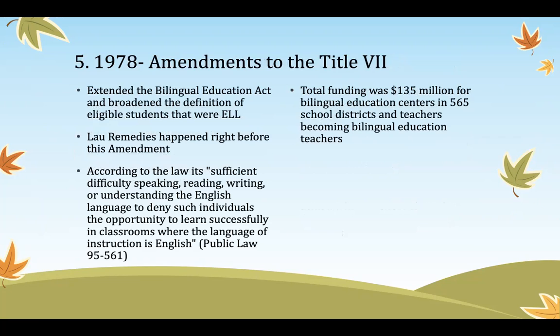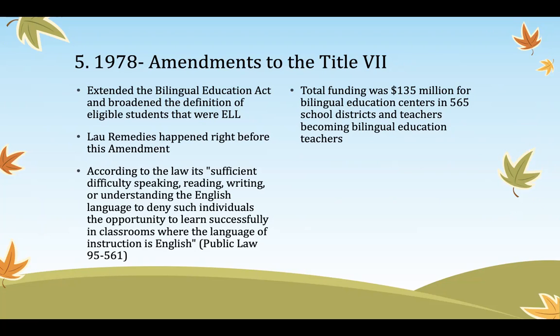In 1978, amendments to the Title VII. This one extended the Bilingual Education Act and broadened the definition of eligible ELL students. The case we just saw that I cannot pronounce happened immediately before this amendment and kind of helped it. According to the law, the standard is sufficient difficulty speaking, reading, writing, or understanding the English language to deny such individuals the opportunity to learn successfully in classrooms where the language of instruction is English.